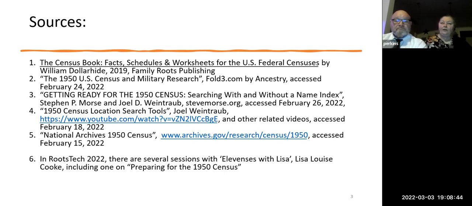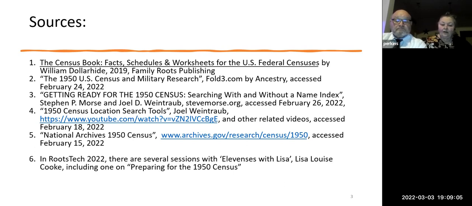These two have spent 10 years getting ready for the next census, for the last two experiences. And they have some of the best tools, even after the name index is out, that you can use to find locations for your census people.